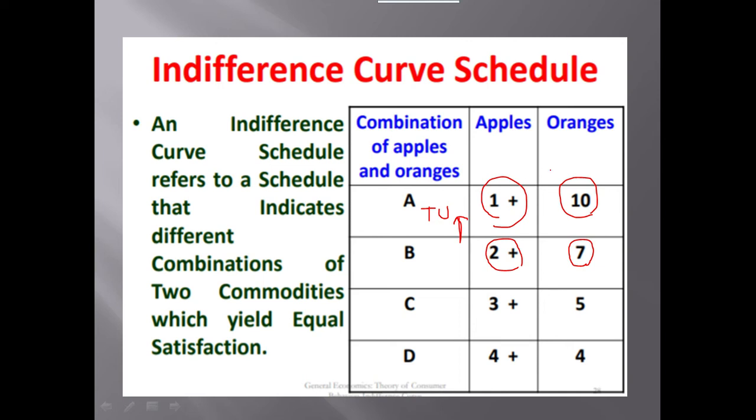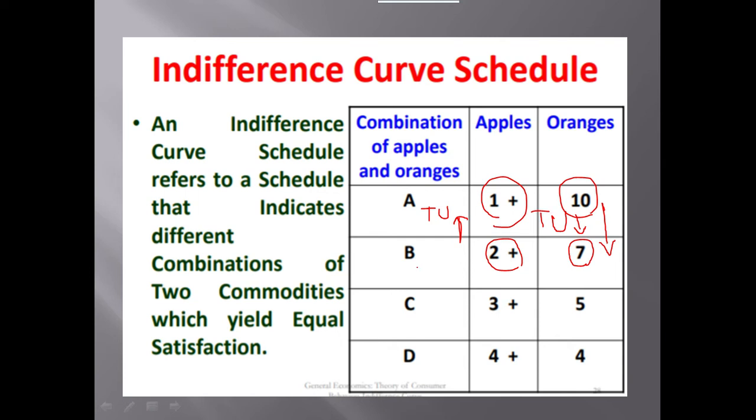So, to remain at the same indifference curve, or at the same level of satisfaction, the individual must give up some oranges. When the quantity of oranges decreases from 10 to 7, total utility received from the consumption of orange decreases. Both offset each other and the individual remains at the same indifference curve. These two bundles are indifferent to one another.